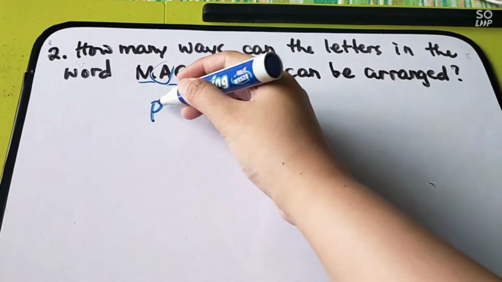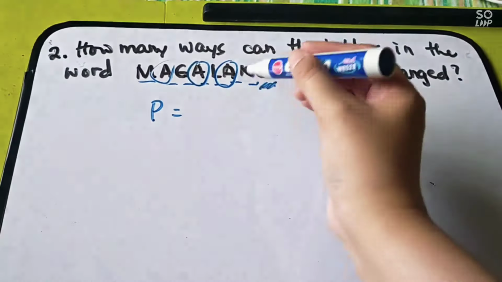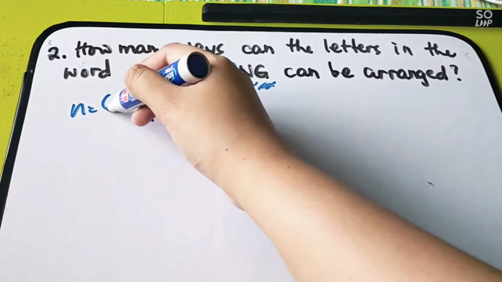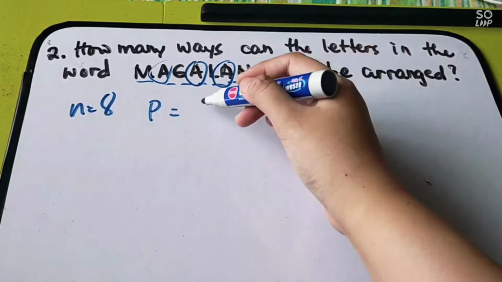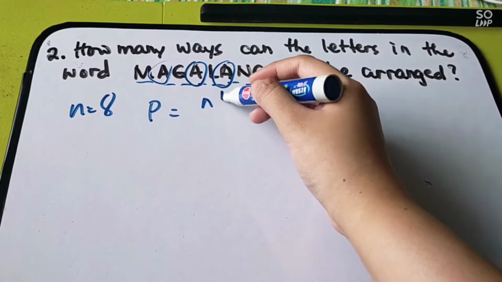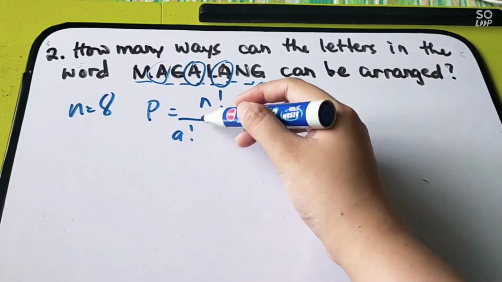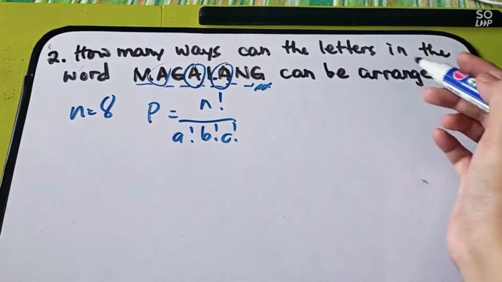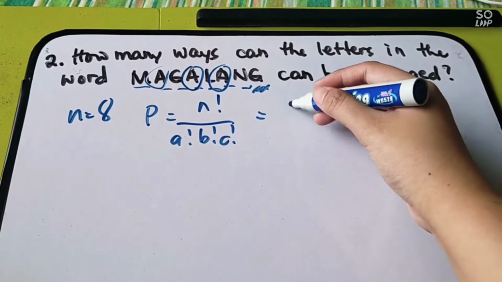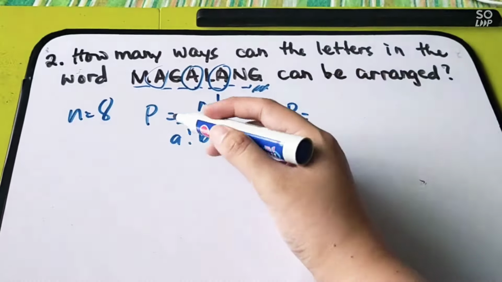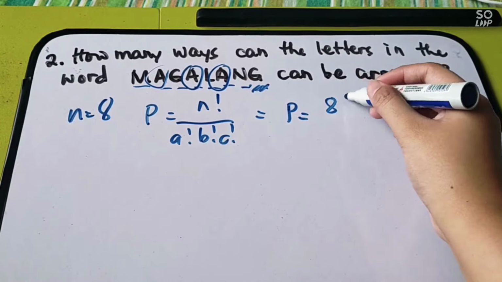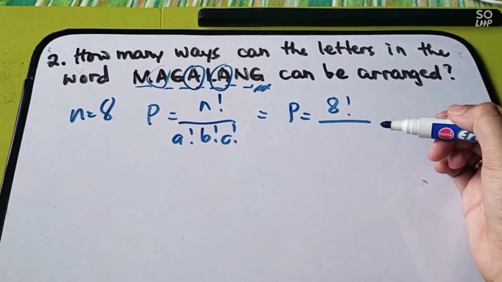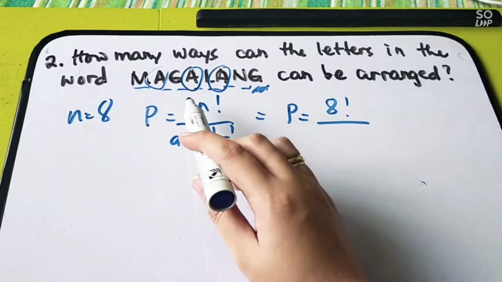So, our formula here is, how many objects? Ang n natin is 8. We have n factorial over a factorial, b factorial, c factorial, and so on and so forth. So, P is equals, our n is 8 factorial over. So, we have a muna.